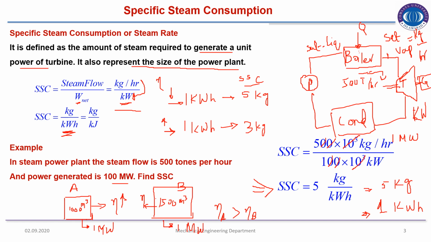If we compare these two power plants, then we come to know that the specific steam consumption of B is greater than the specific steam consumption of power plant A. So power plant B has a specific steam consumption, let's suppose, of 5 kg per hour, and here it is 3 kg per hour.